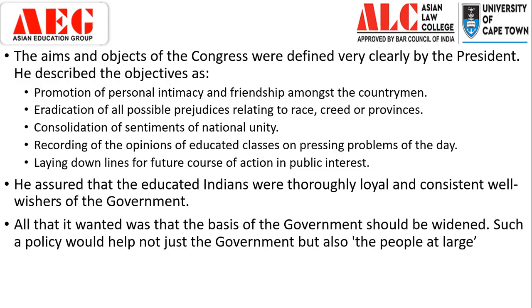Now, all of this is going to happen within the ambit of the colonial world. Further, W.C. Banerjee also said that educated Indians were thoroughly loyal and consistent well-wishers of the government. They're not going to go against the government. They want to be followers of the government because they think it is the government which is going to modernize the entire Indian society.